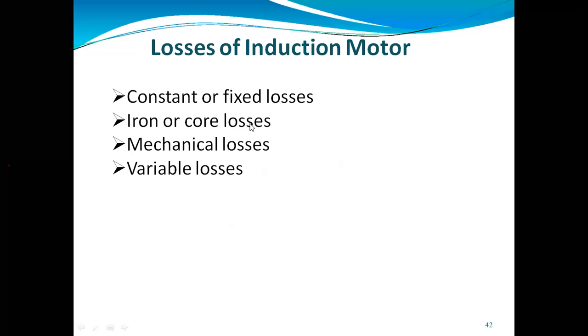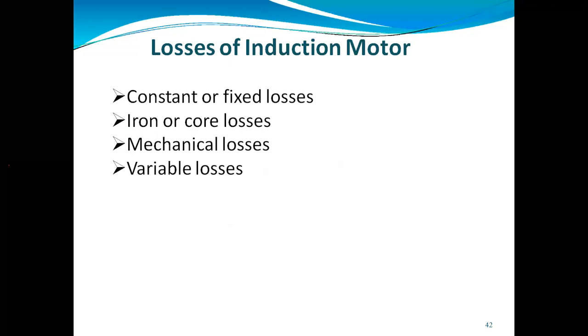So let us see the iron loss. To make the core of the three-phase induction motor, we are using iron, so we call that loss the iron loss. This loss is again divided into two types: hysteresis loss and eddy current loss.